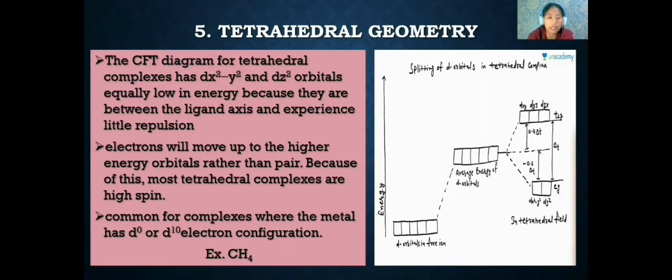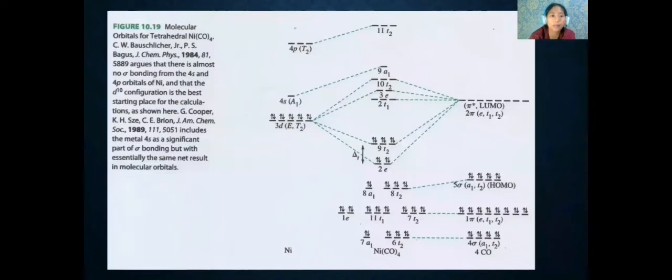So we have here an example, the CH4 ligand. Here we have the molecular orbitals for tetrahedral, with tetracarbonyl nickel.